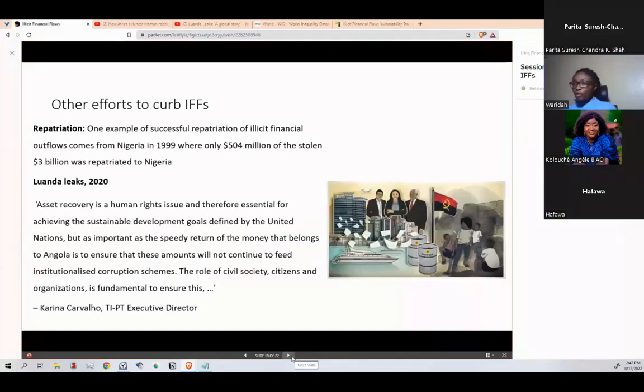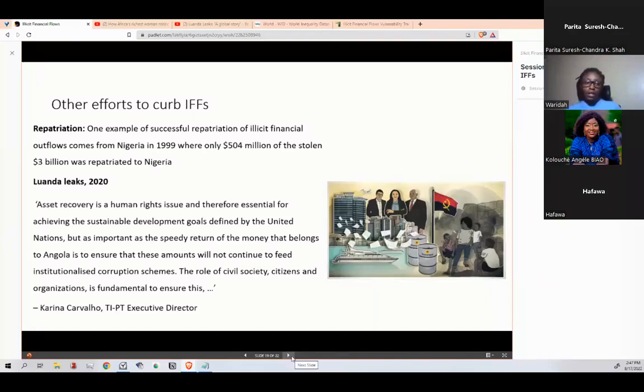Other efforts we see are repatriation, and an older case is the one from Nigeria in 1999 when they tried to get their money back. But out of the 3 billion that was lost, only 5 or 4 million was able to be recovered. And this was after a long process, so many years later.